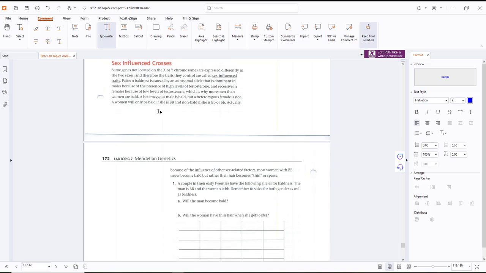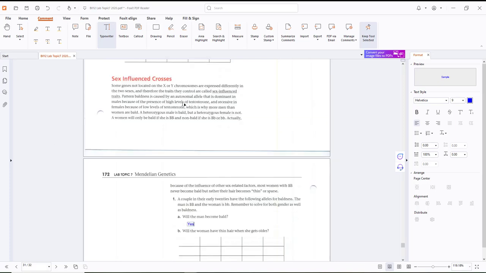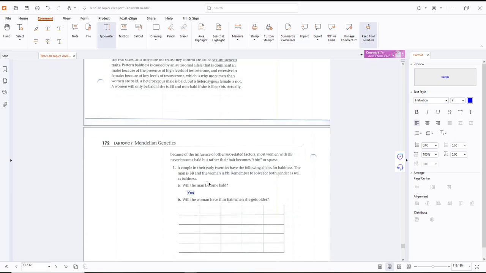Okay, so remember, big B, will he be bald? That was a yes. Okay, so he's going to be bald because it says up here it's an autosomal allele that is dominant in males because of the high levels of testosterone. Okay, so will the woman have thin hair when she gets older?